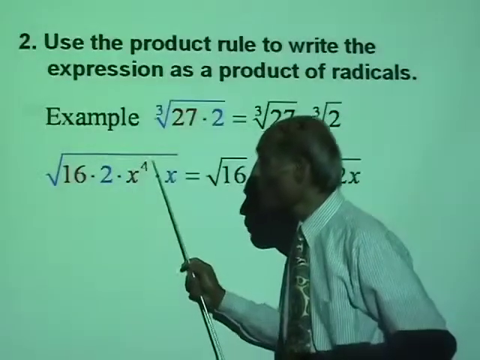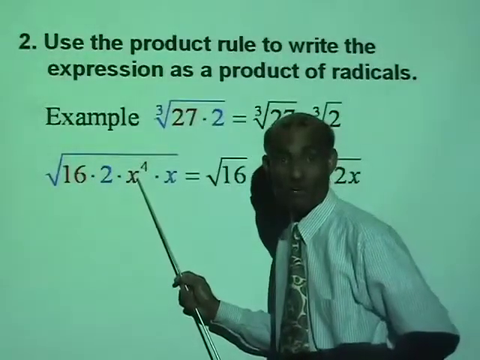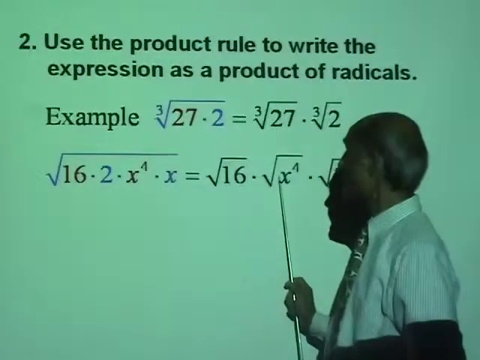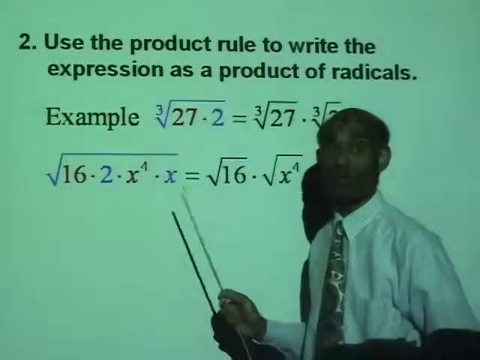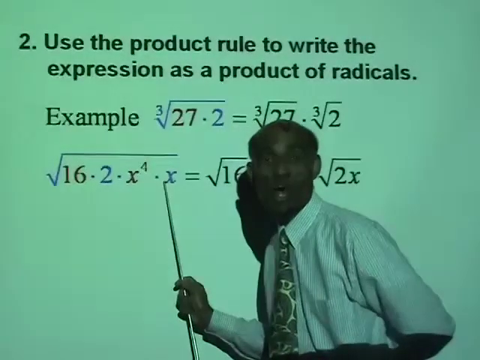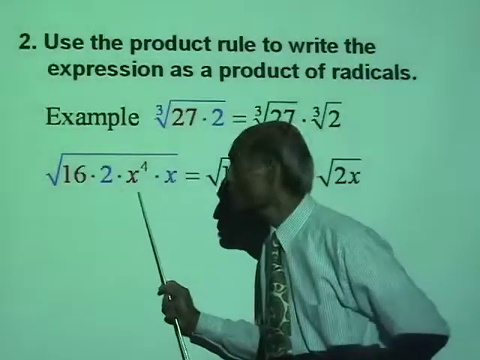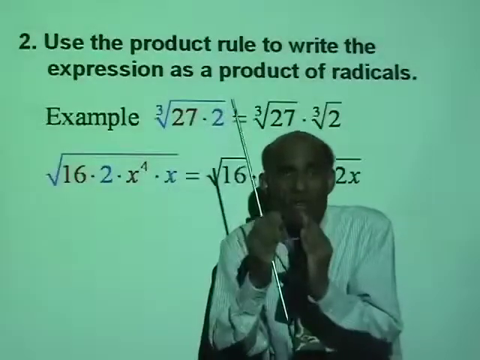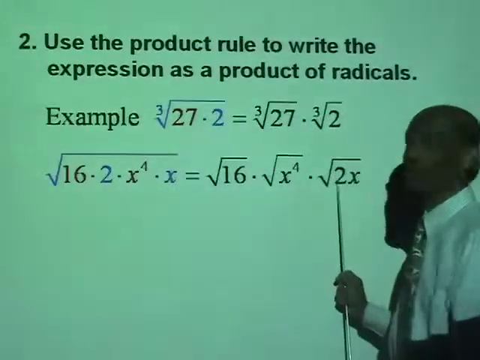X to the power of 4 is a perfect square, is that right? So we write that as square root x to the 4. Now 2 is not a perfect square, x is not a perfect square. We're going to leave them together under one radical.